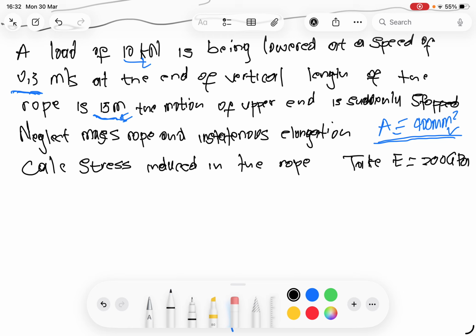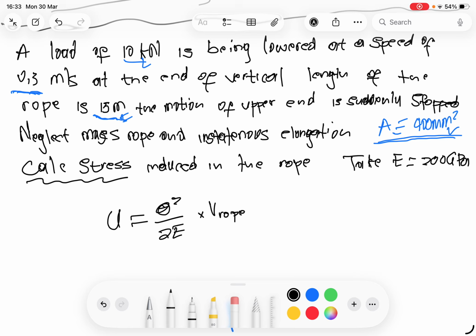They want the stress in the rope, so we go straight to this equation. We know the strain energy is equal to stress squared over 2E times volume, where this is the volume of the rope.